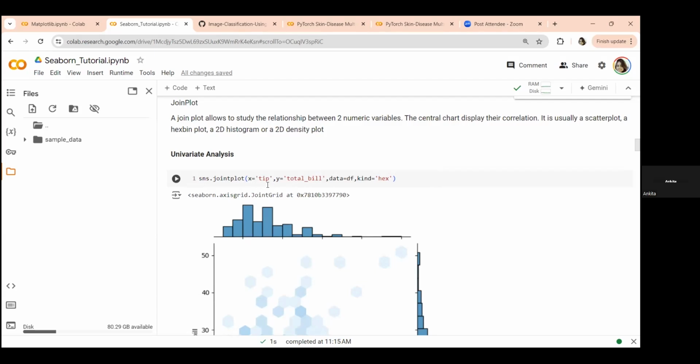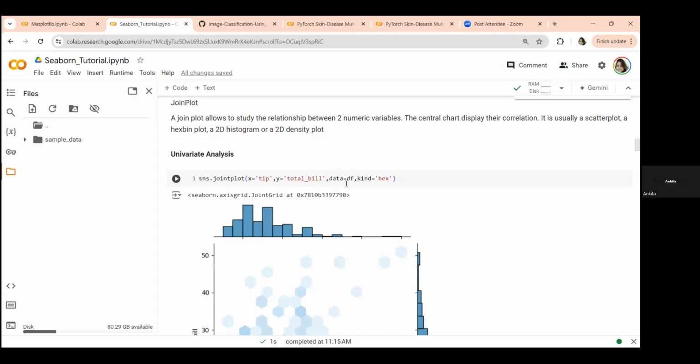X is one feature and Y is another feature. X is tip, one feature, and Y is total_bill, our second feature. So we are comparing these two features; this is called univariate analysis. Within data, we are passing our data frame, df.